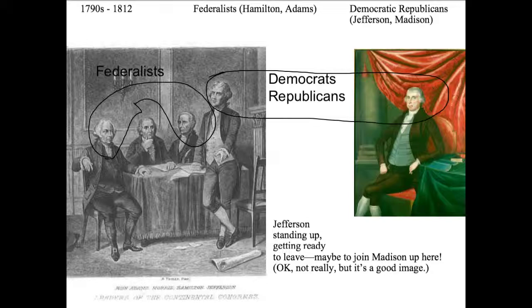Still, even seeing the divide between these two sides, between the Federalists, people like John Adams and Alexander Hamilton, and the Democratic Republicans, people like Thomas Jefferson and James Madison, none of this was entirely cut and dried.